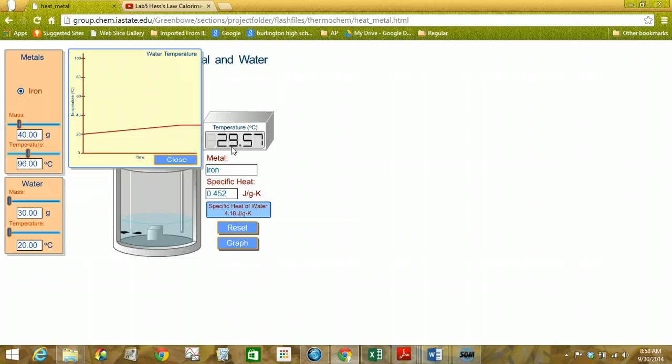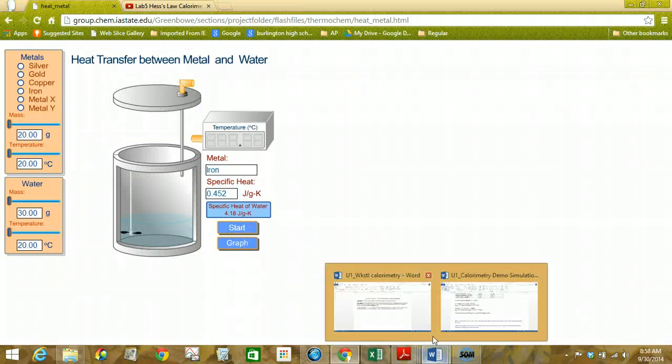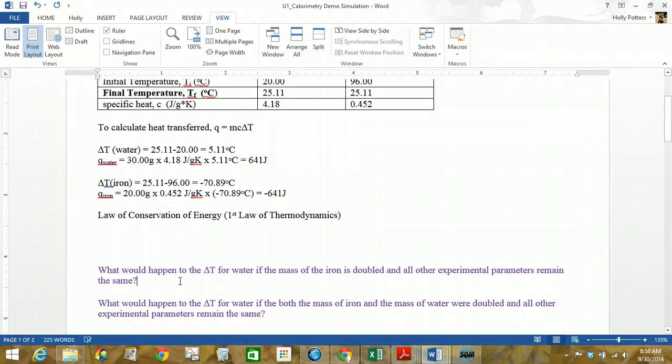So notice my temperature here is around 29.59. I take a look back at this. So T_f equals 29.59 degrees Celsius. So think about what that means in terms of energy exchange.